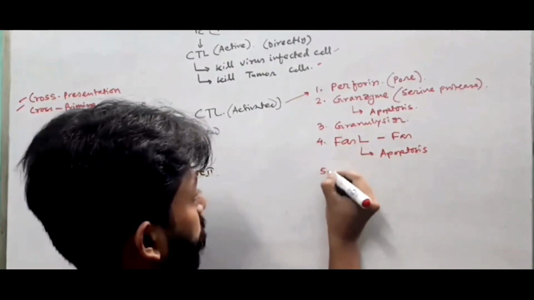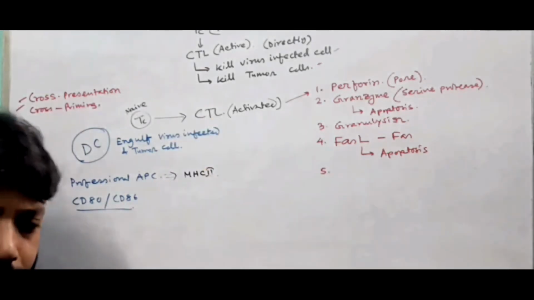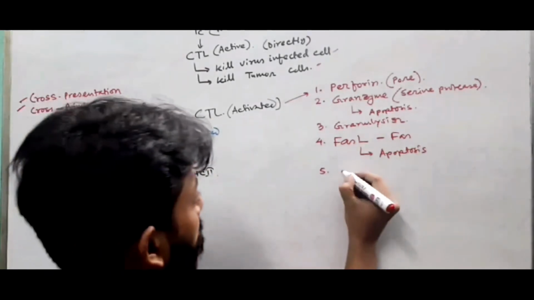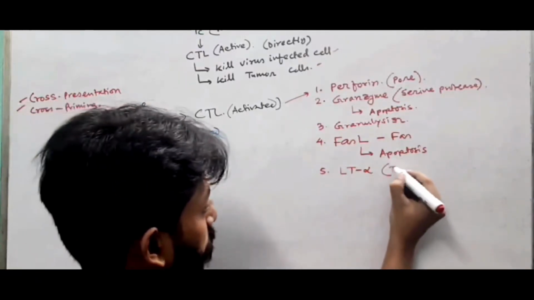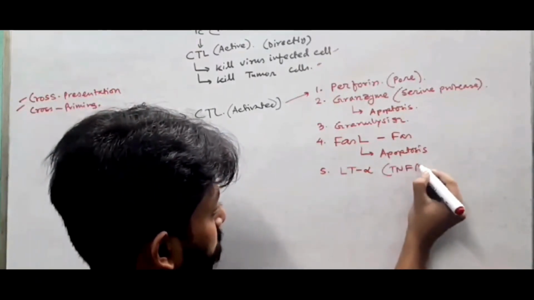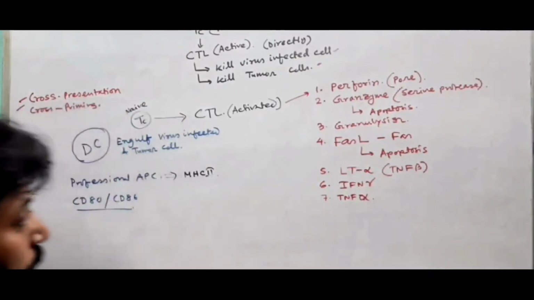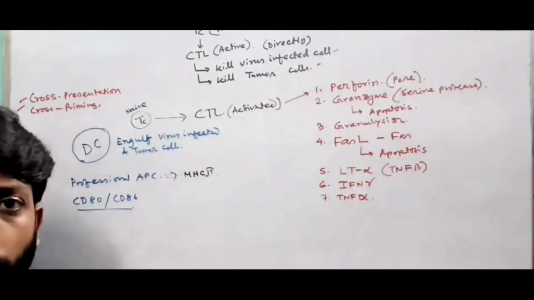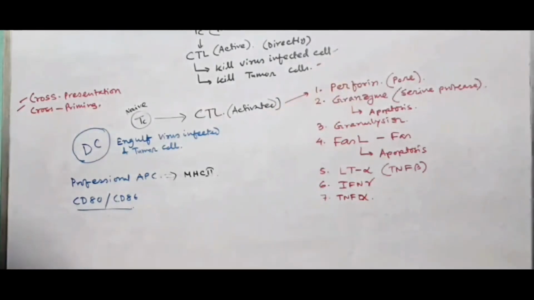Not only that, there are many other factors by which the cytotoxic T cell can directly kill a cell. That is lymphotoxin alpha, a cytokine also called TNF beta, and it can secrete IFN gamma and TNF alpha. So in these many ways, cytotoxic T cells can kill virally infected cells and tumor cells.